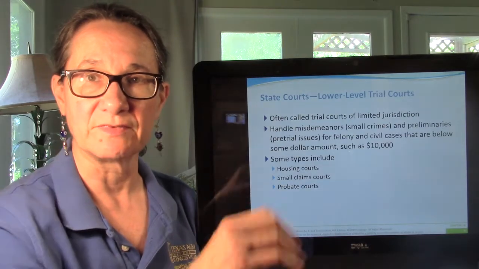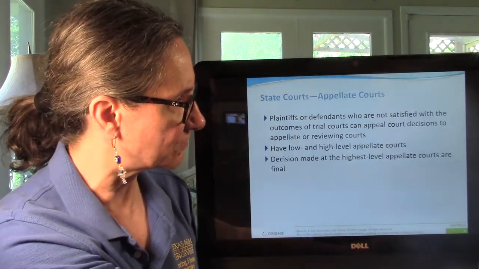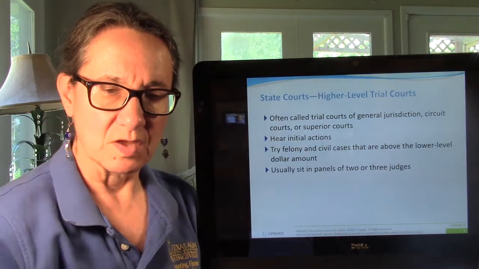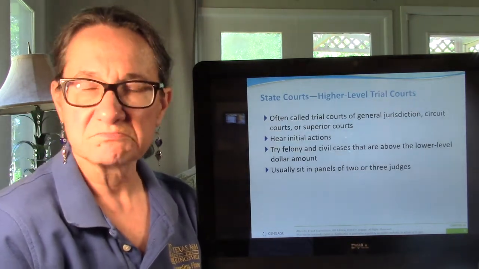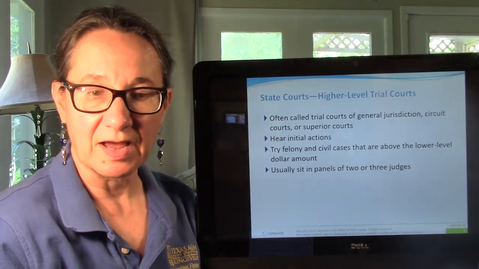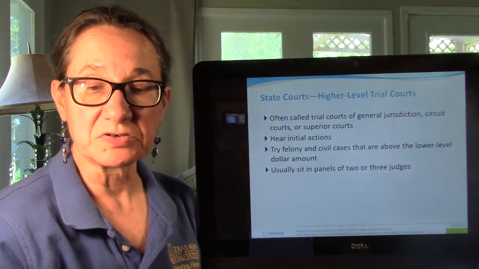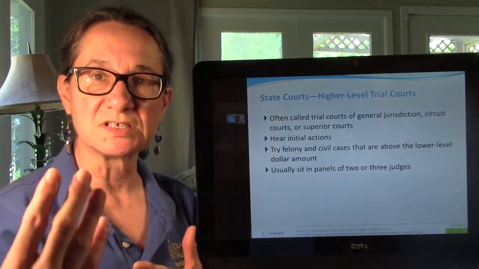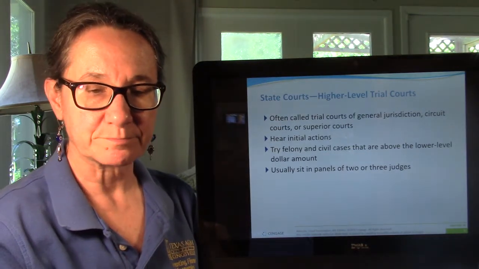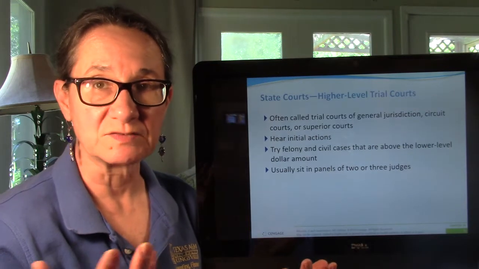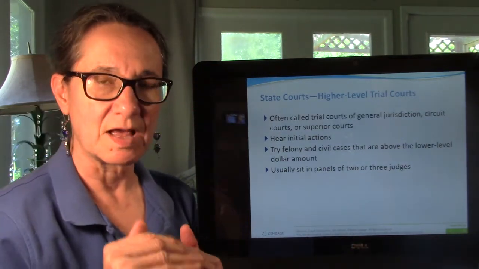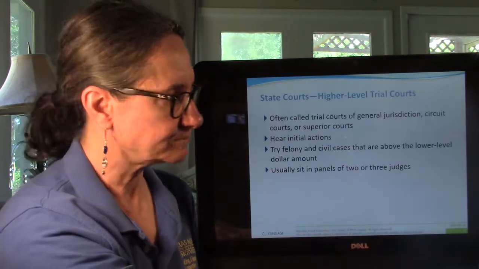Somebody's died and they're dividing up the estate. So there's all different kinds of courts. So lower courts, smaller dollar, smaller crime, right? Higher courts, general jurisdiction, so felony cases, your bigger civil suits. Sometimes there's a panel of judges. So higher crime, higher court.